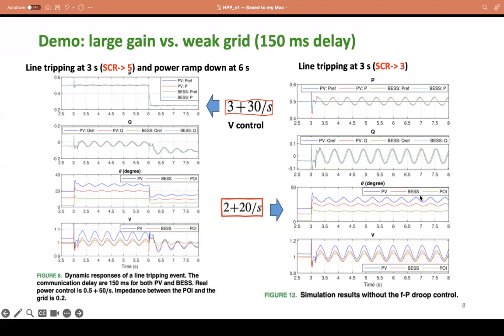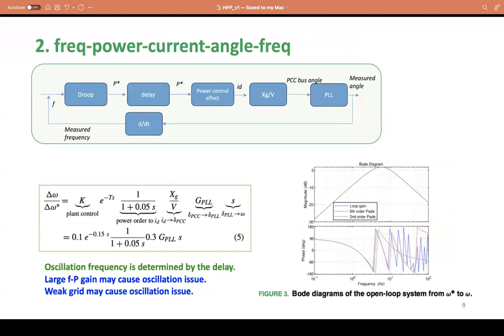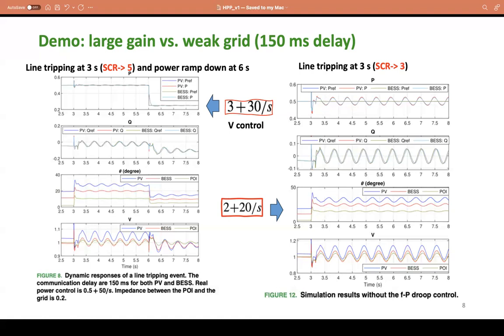Both cases are due to the large gain, due to the voltage control delay. And this is 150 milliseconds, so we see 2 Hertz oscillations. Okay, so now that's the voltage. You can classify this type as volt-var oscillations, right? Generally, we can just say this is a volt-var oscillation.